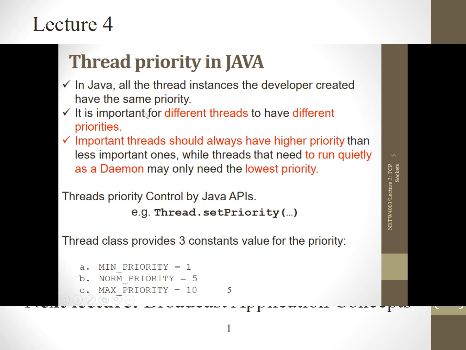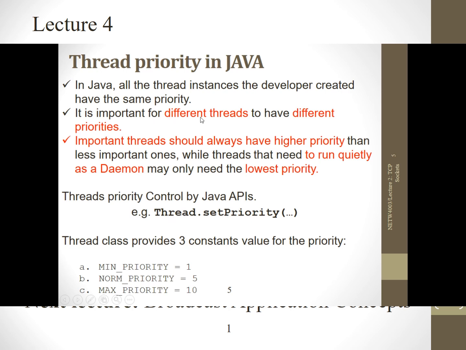In Java, all the threads, all the instances the developer created, have the same priority. So when all the instances have the same priority, how can we control them? For that, as I mentioned before, we will be using the thread priority controlled by the Java API thread.setPriority.